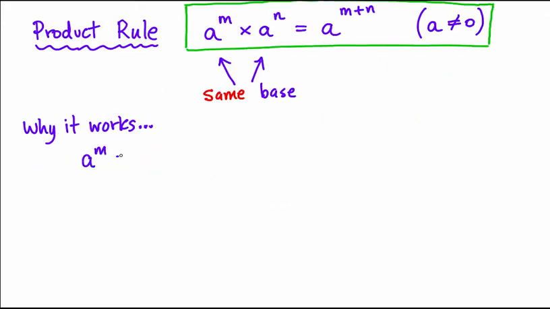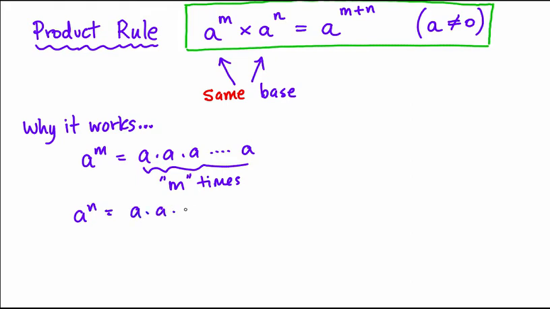A to the m is a times a times a times a times a times a, and you do that m times. And a to the n is a times a times a times a times a, and you do that n times.